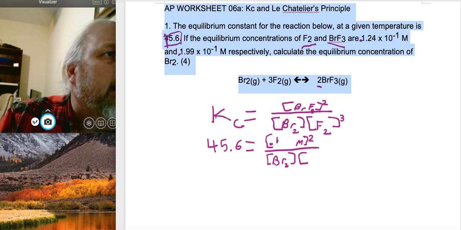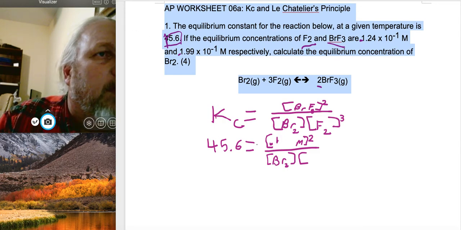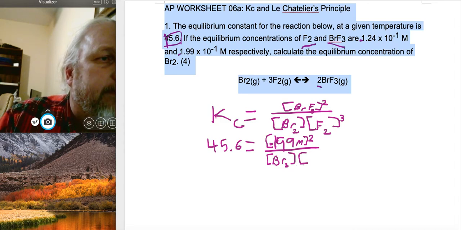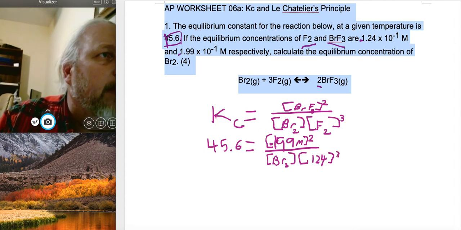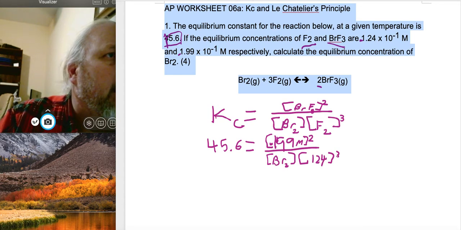So BrF3 is 0.199 molar squared, and here F2 is 0.124, which is cubed. Now let's get Br2 by itself. How am I going to do that? Let me change the colors.